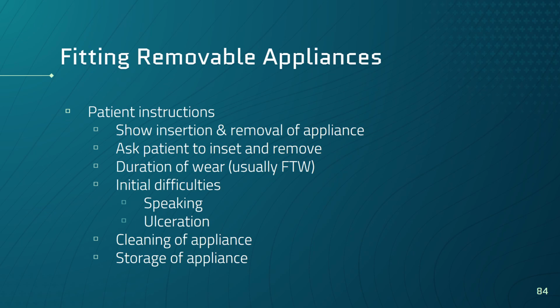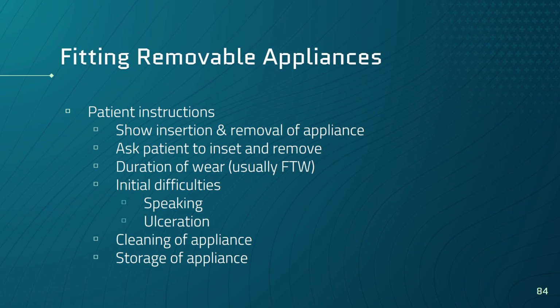Now, what are the patient instructions that should be given once a removable appliance has been issued? The patient should be shown how to insert and remove the appliance correctly. And once the patient is shown, the patient must be asked to do it themselves.